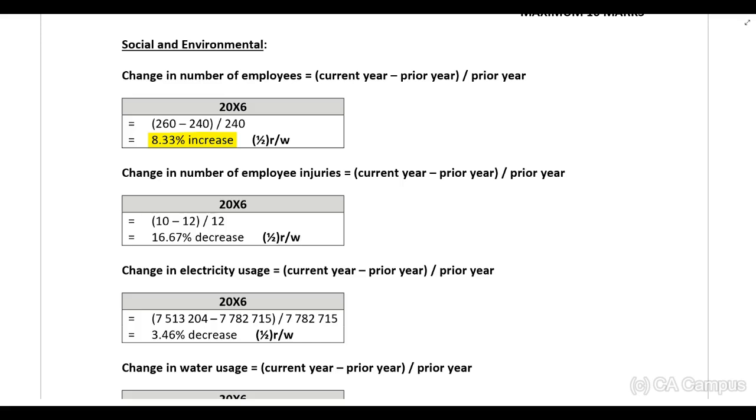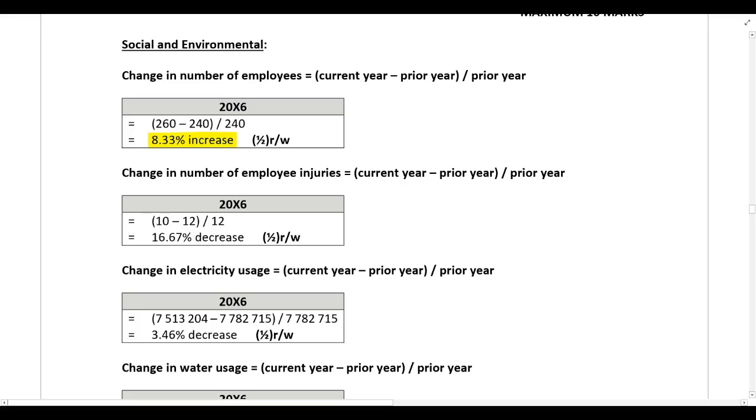And I also don't have a general point that I can discuss that makes sense in this scenario because they are dealing with tough economic environment. They are dealing with a decline in demand for printed magazines and newspapers. So I can't give a reason as to why they've increased the number of employees. Apart from the fact that this is positive from a social perspective, there isn't anything else that you can really discuss over here. So don't force it. You stop there and we move on to the next ratio.